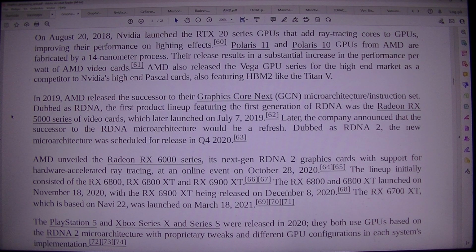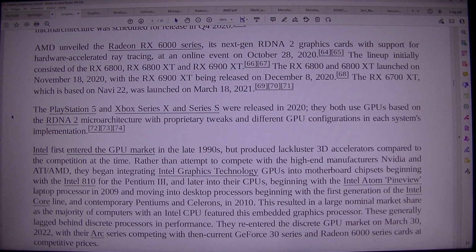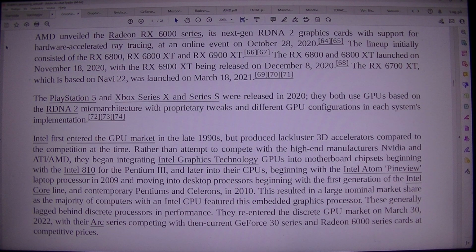63. AMD unveiled the Radeon RX 6000 series, its next-gen RDNA 2 graphics cards with support for hardware-accelerated ray tracing, at an online event on the 28th of October, 2020. 64, 65.